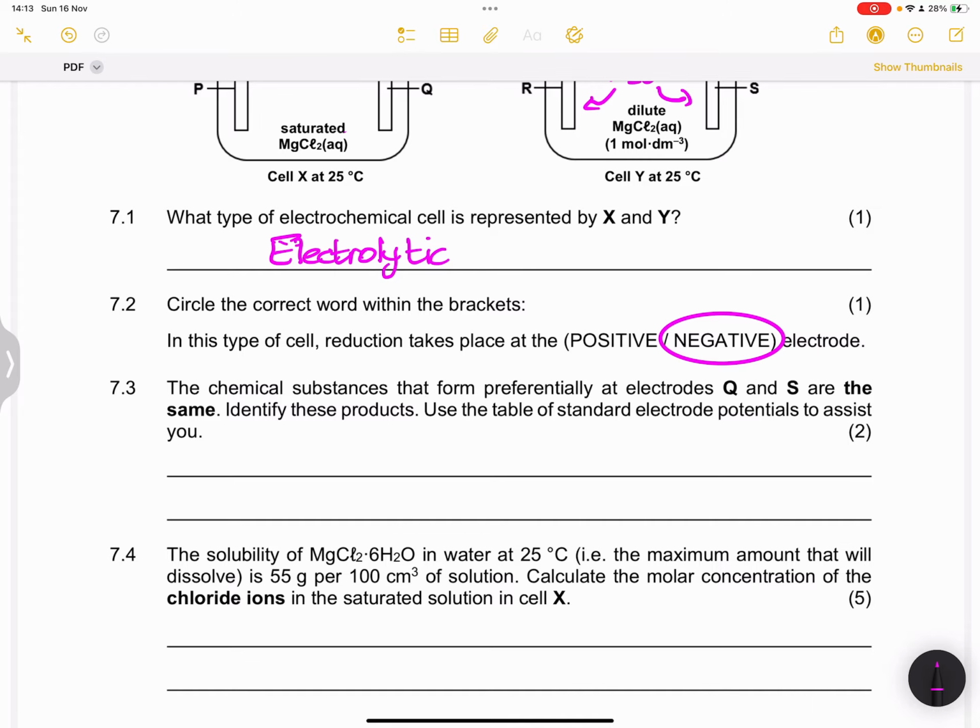The next question says, the chemical substances that form preferentially at Q and S are the same. So they are leading us there. Identify these products.